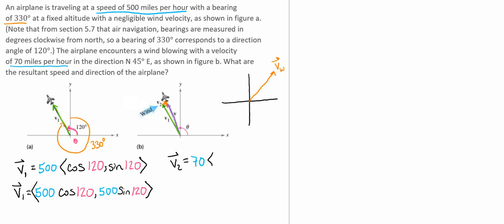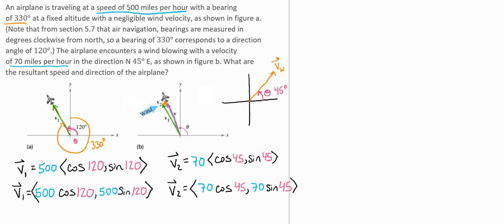Because we're at north 45 degrees east, the theta that we're going to be using here is 45 degrees. As we finish writing this in component form, we've got the cosine of 45 and the sine of 45. We're a little out of room, so I'm going to move all of this up here so we've got a little more room.